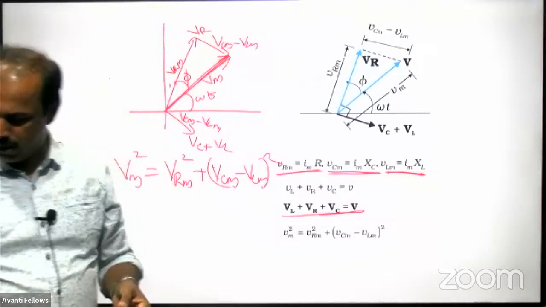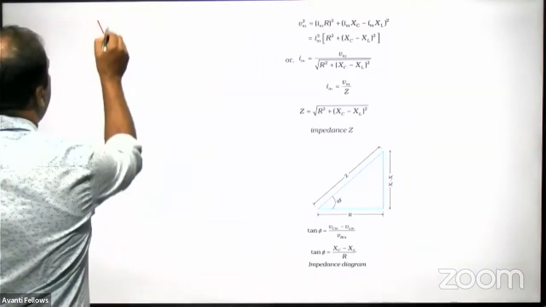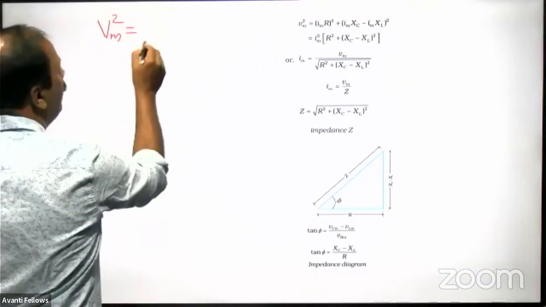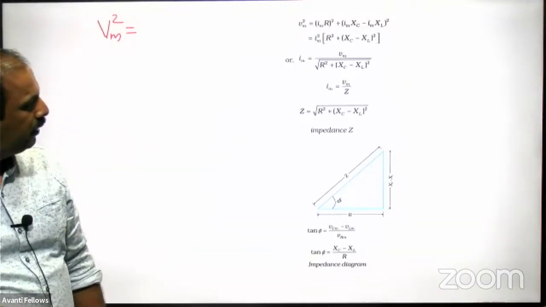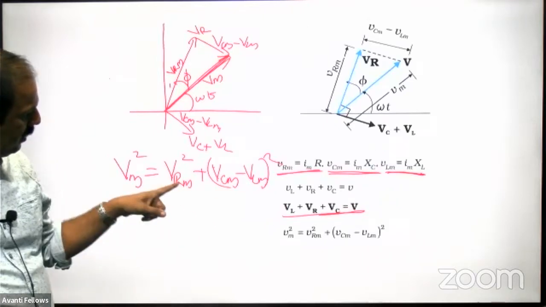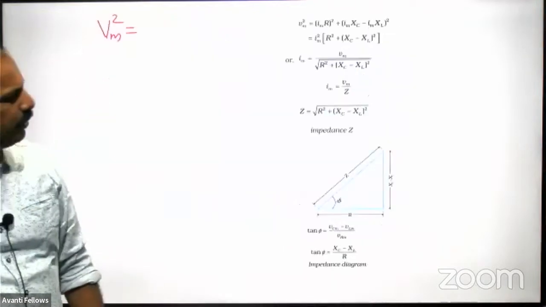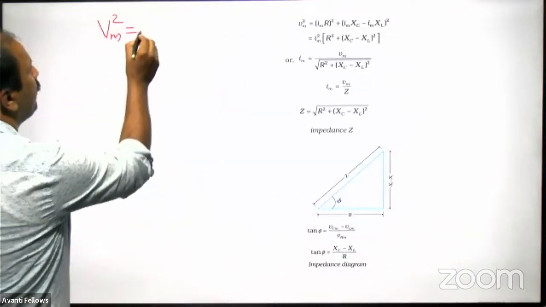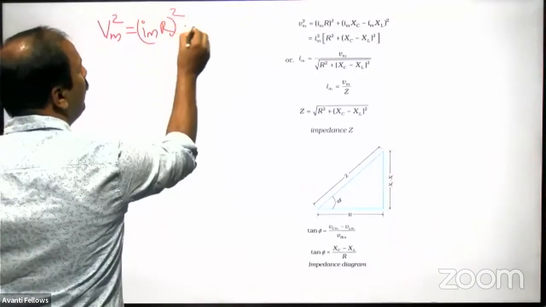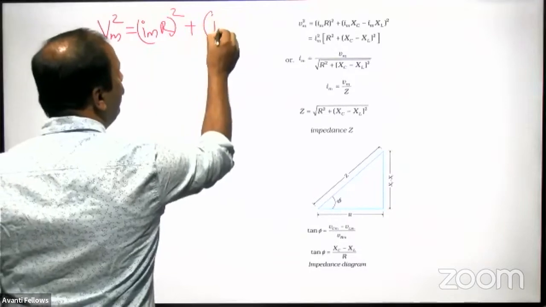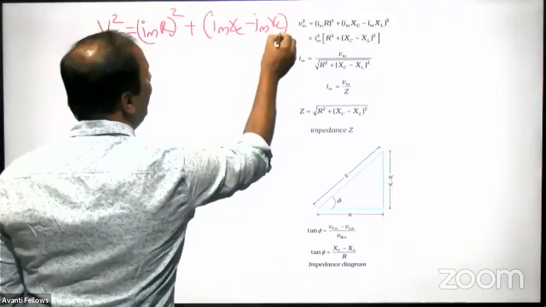Okay, so what are you getting now? VM square is equal to, see previous value, here VRM is equal to IM into R. All these values we have to substitute in the next one. So what will you get? IM into R square plus IM XC minus IM into XL all square.